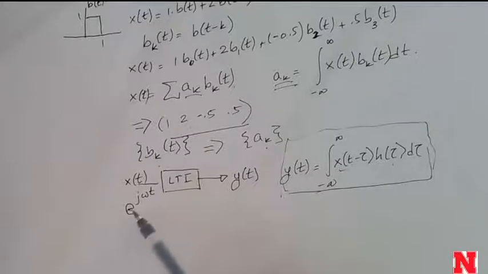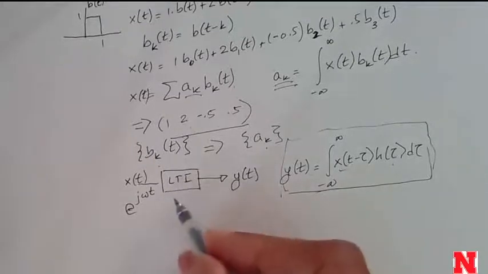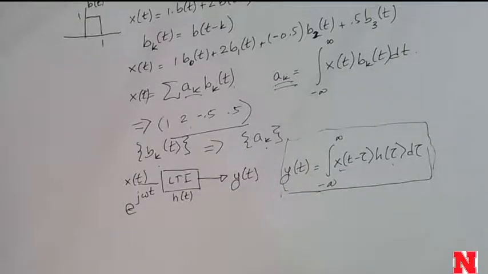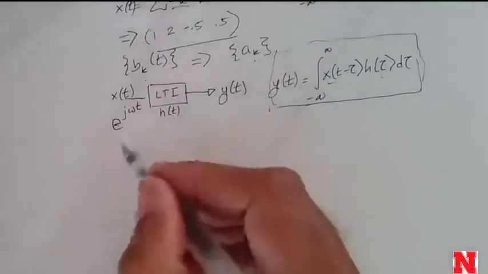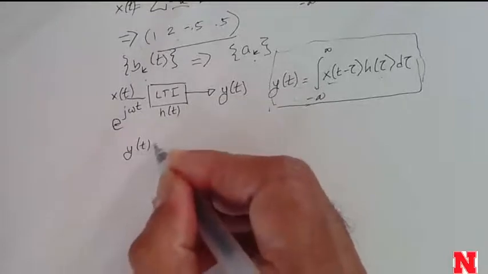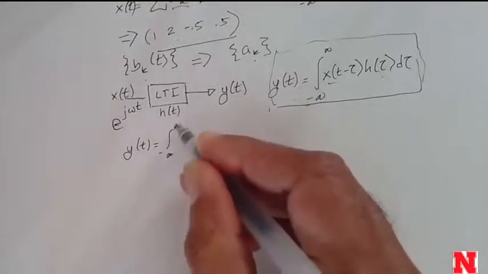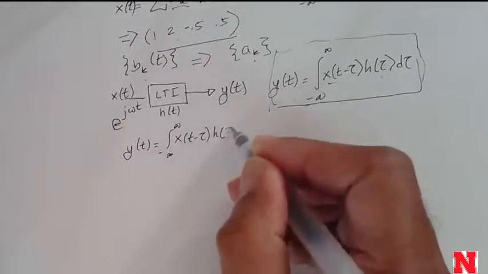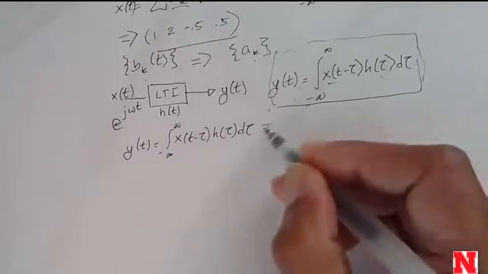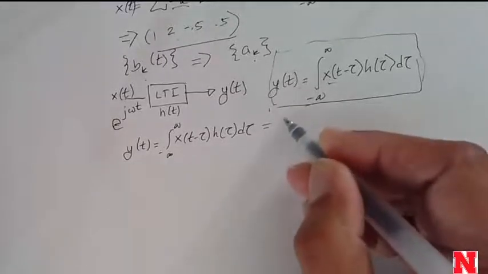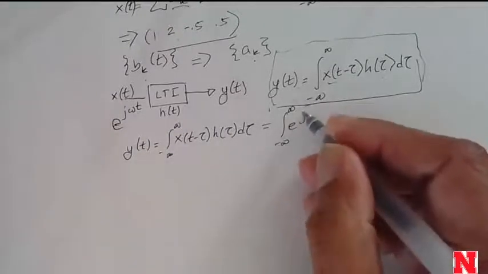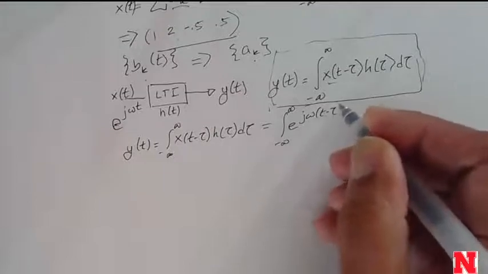In order to see that, let's take e to the j omega t and put it through a linear time invariant system with impulse response h of t, and let's take a look at what y of t looks like. In this case, y of t is equal to the integral from minus infinity to infinity of x of t minus tau, h of tau d tau, and that's going to be equal to the integral from minus infinity to infinity of e to the j omega (t minus tau), right?